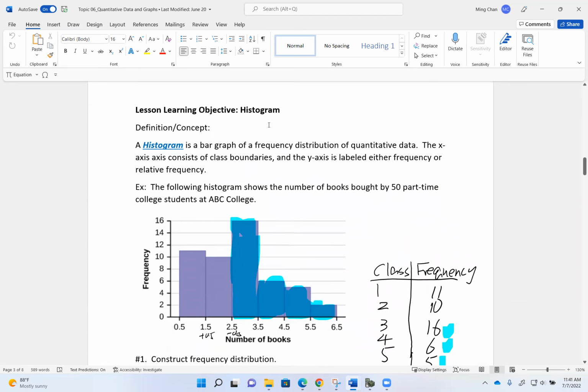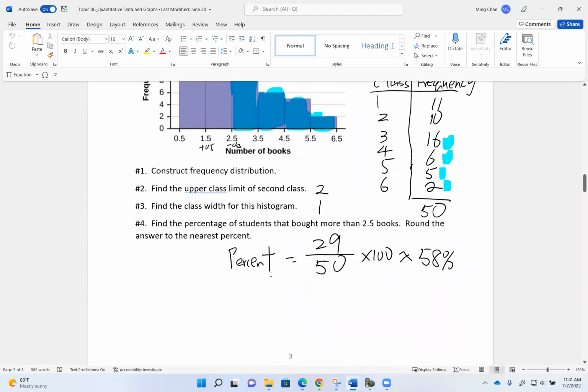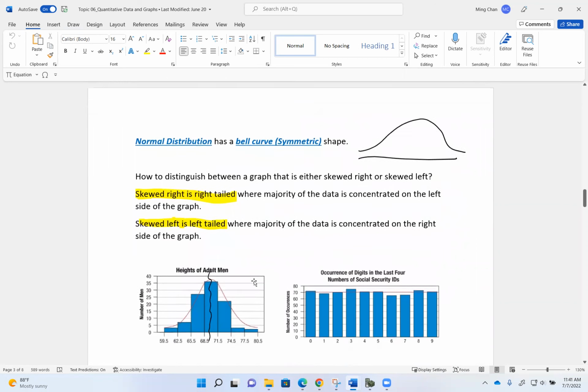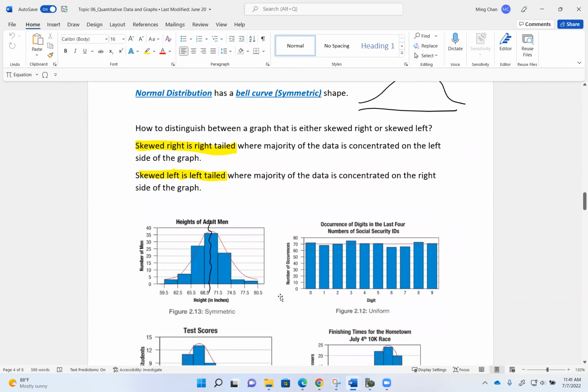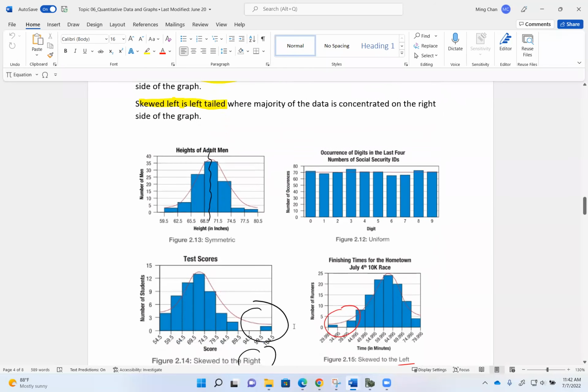That's when we talked about histograms and things like that, because eventually we're going to come up with this thing called the normal distribution. The normal distribution is the bell curve shape, right? And we can have skew right or skew left in our distribution. So the word distribution also means a table, and also means the graph of that table.